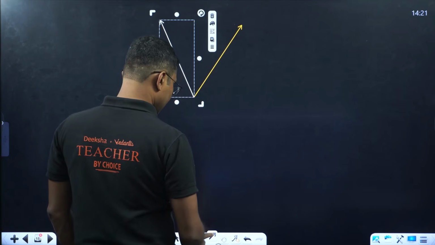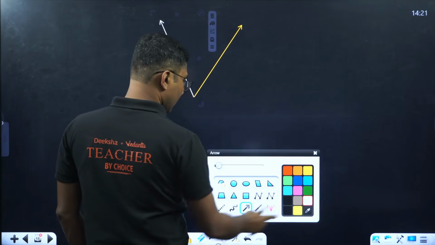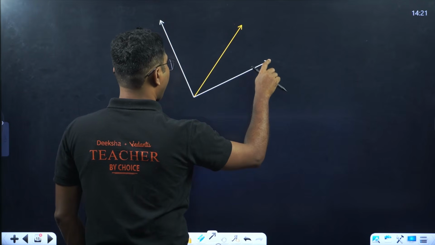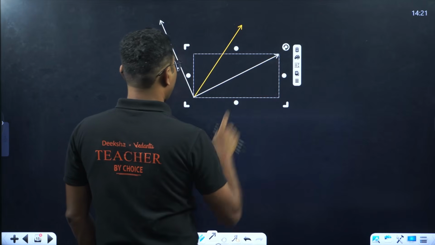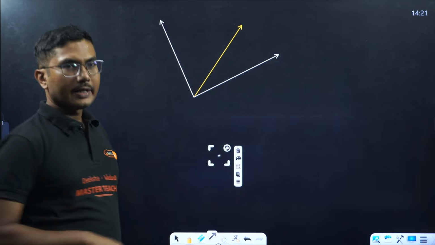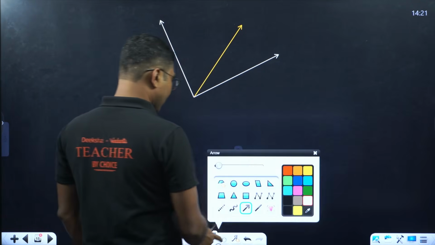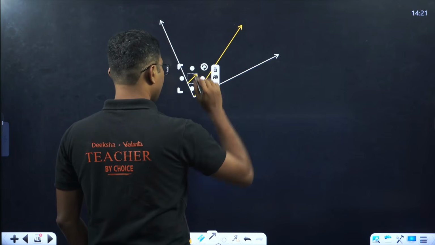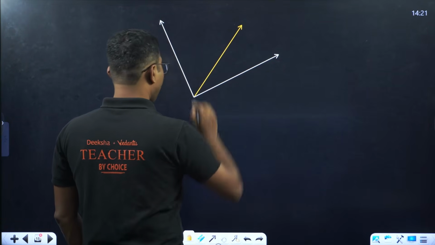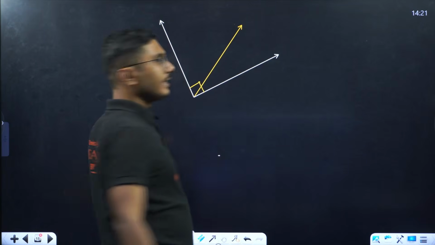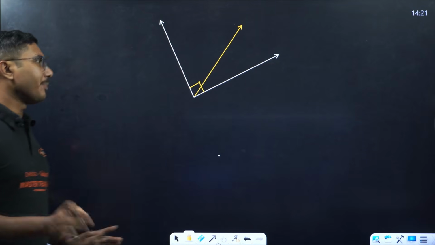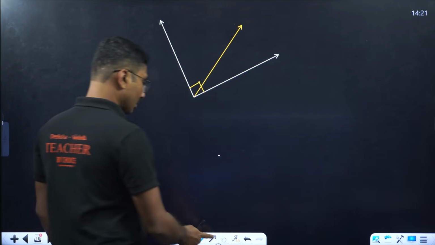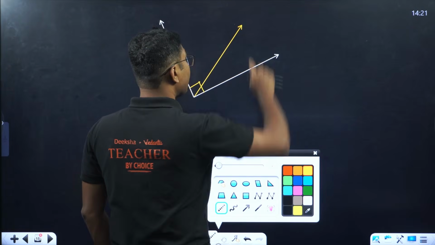This is one axis, another is this. If you see, these two axes are actually perpendicular. So for any two perpendicular axes, you can always find the resolution of vectors. So here you need to do the same thing.